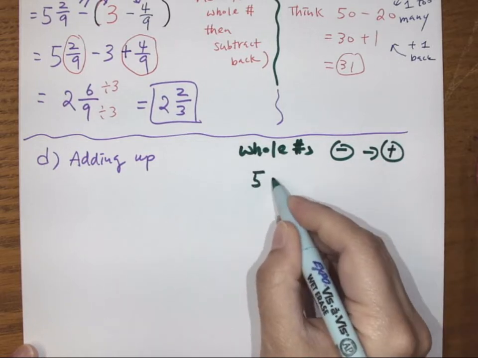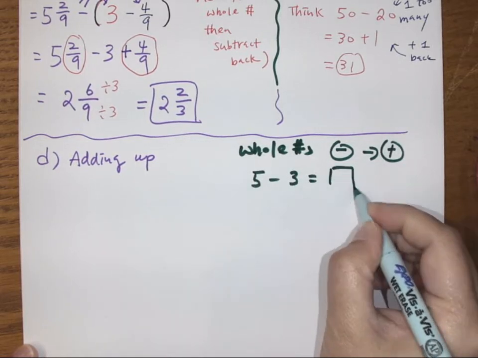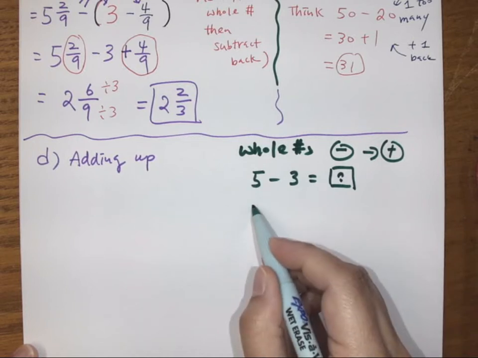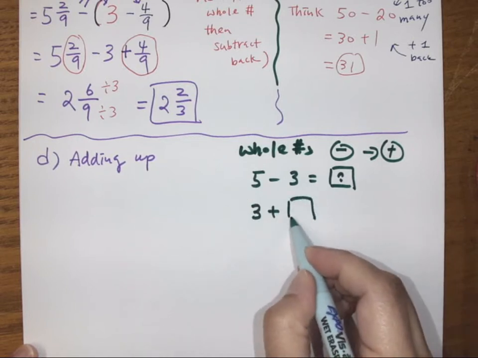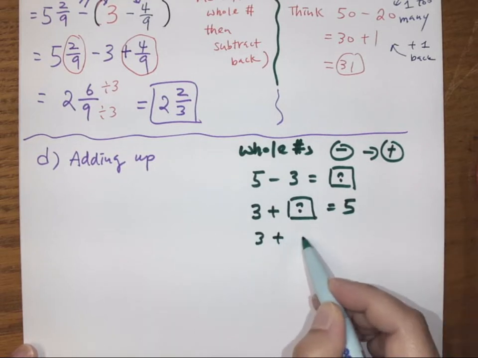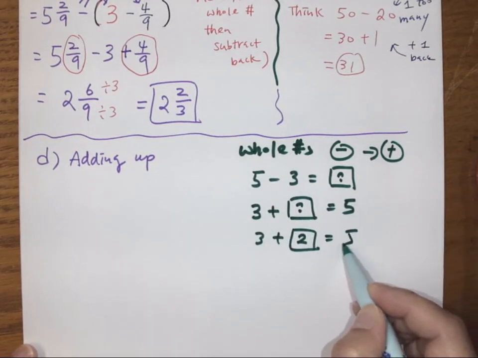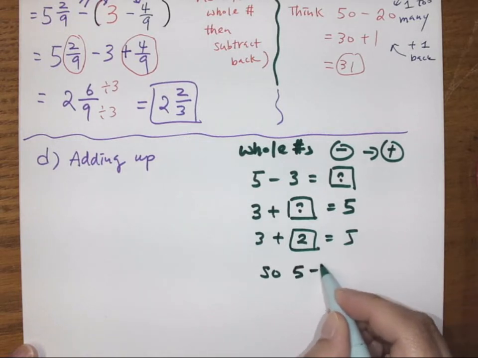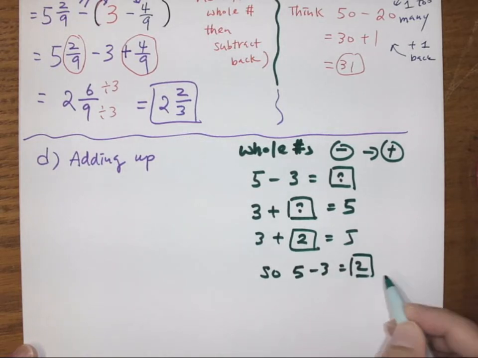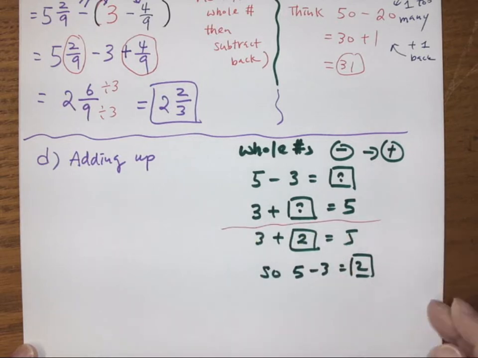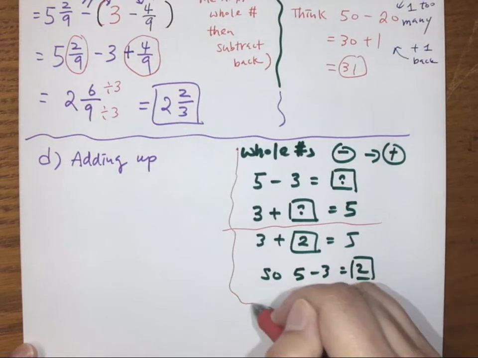So if I have 5 minus 3 equal to something, I will change that to starting from 3 plus something equal to 5, right? And we know 3 plus 2 equal to 5. So 5 minus 3 should be 2, right? So that's how we do that. Okay, so that's for whole numbers.